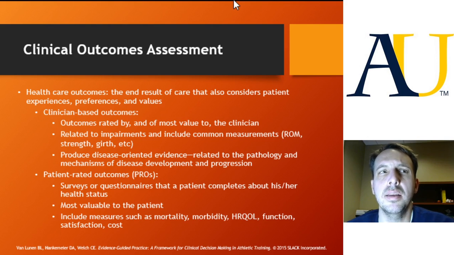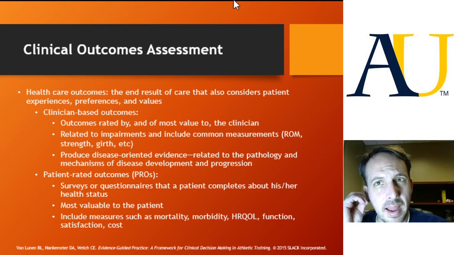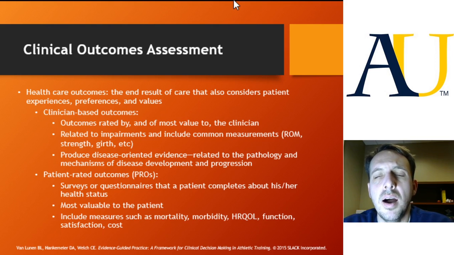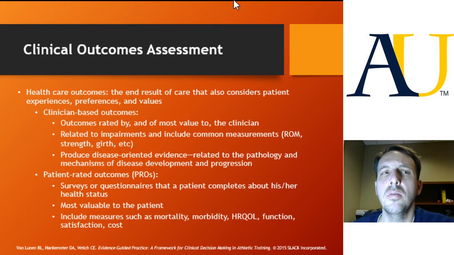Patient-rated outcomes now focus on more what's important to the patient and how the patient believes they are doing. And so these are almost always surveys or some sort of questionnaires that can be added to measure the overall effectiveness from the point of view of the patient.